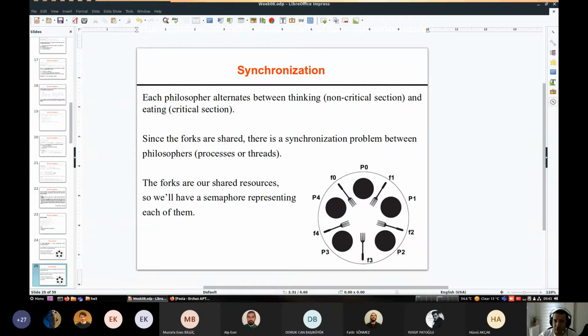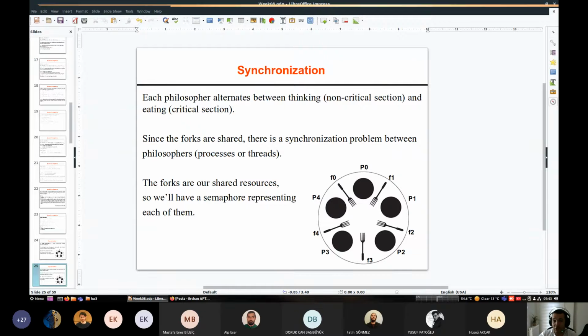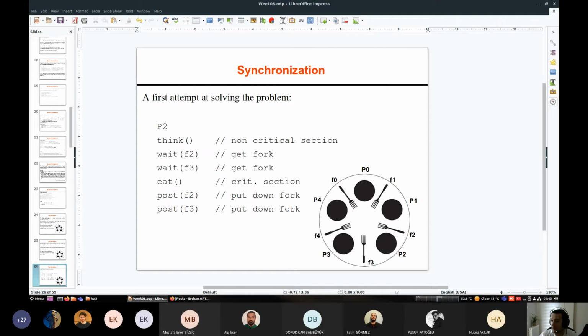Now, the forks are our shared resource, and of course, you need to have semaphores in order to protect them. So you need 1 semaphore in order to protect each of them. 5 forks, 5 semaphores. Now, a first clumsy attempt at solving this problem could be the straightforward approach. Any of these processes, let's say process 2, right here, which needs fork 2 and fork 3.